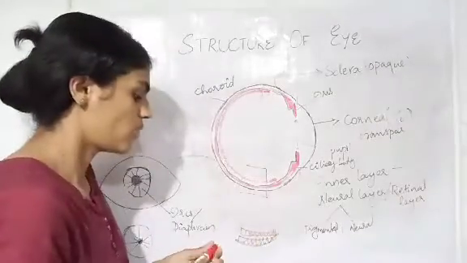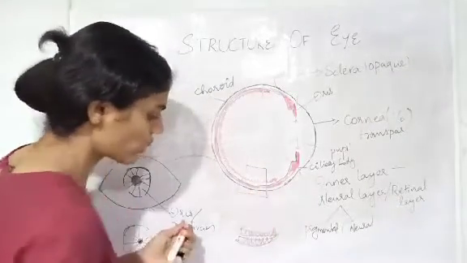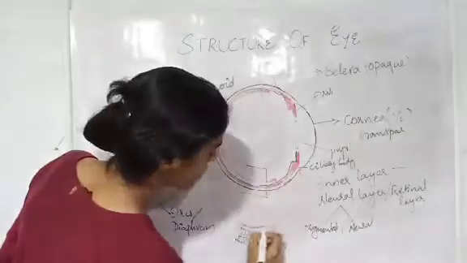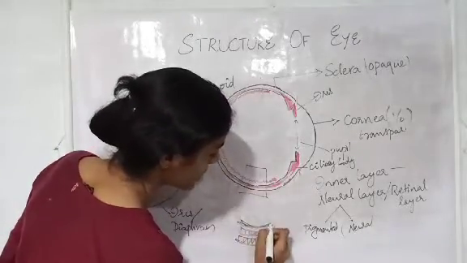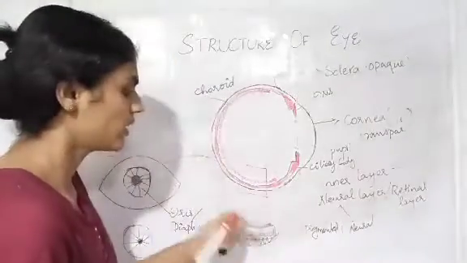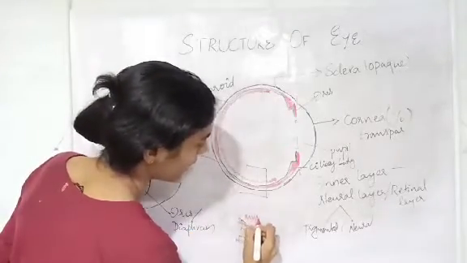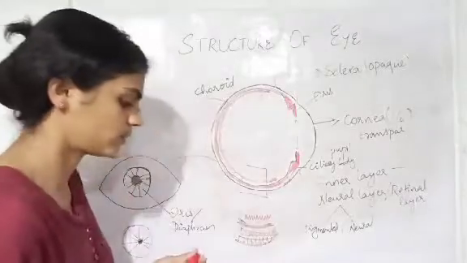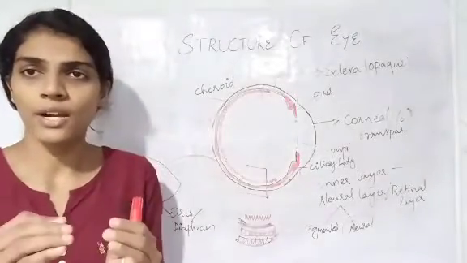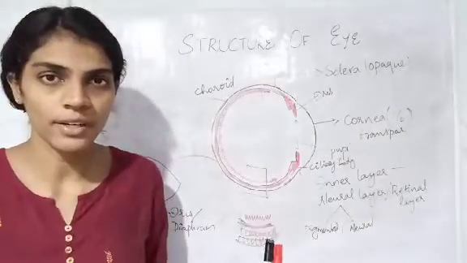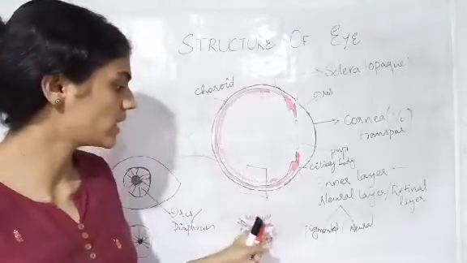Okay, what comes next? The neural layer. So this one is the pigmented layer of the retina, and then comes the neural layer of the retina. Okay, the neural layer of the retina is very important because the actual function lies in it.